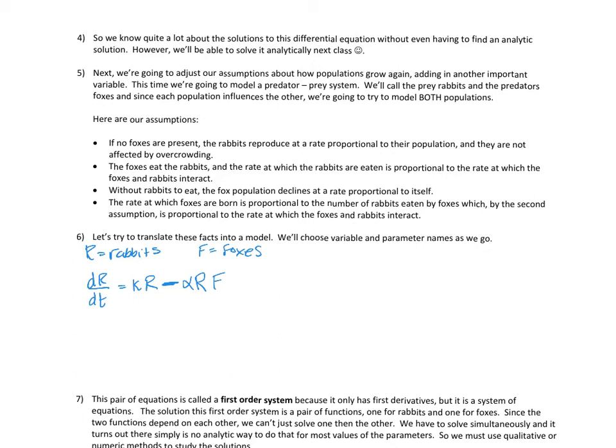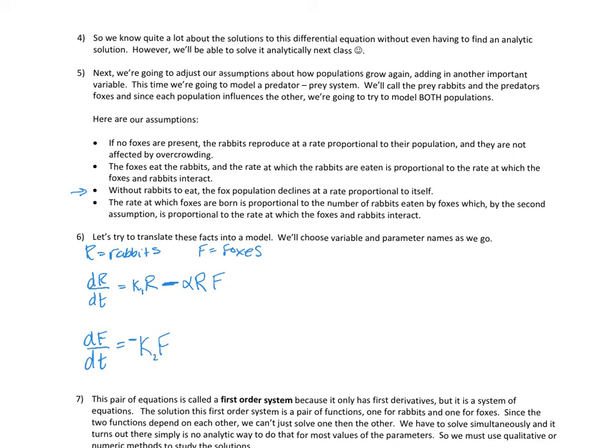So there's my model for rabbits. And then for foxes, dF dt, we know that without rabbits to eat, the fox population declines at a rate proportional to itself. So proportional to its size would be k times F, but it's declining, so it's a negative constant of proportionality. And I've got two k's here, so I'm going to call this one k1 and this one k2.